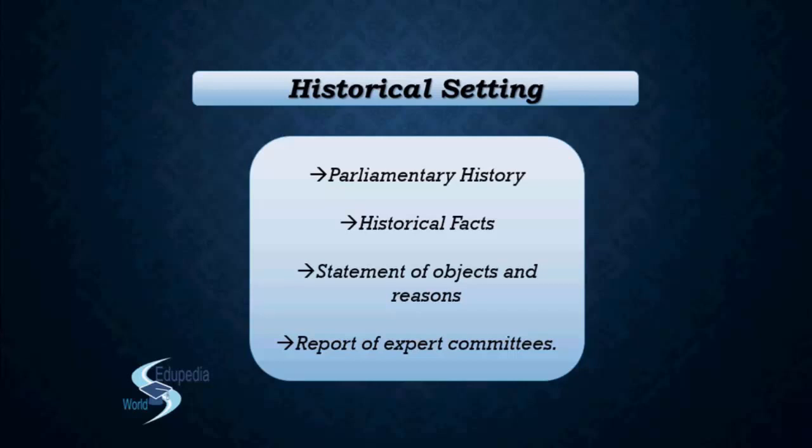There was some event that took place because of which we had to come up with such an act. So if we are trying to understand the subject matter and the scope of the enactment, then the external circumstances that did lead to the enactment of such a statute would be a matter of significance.